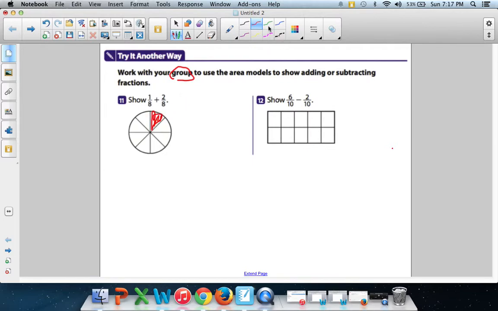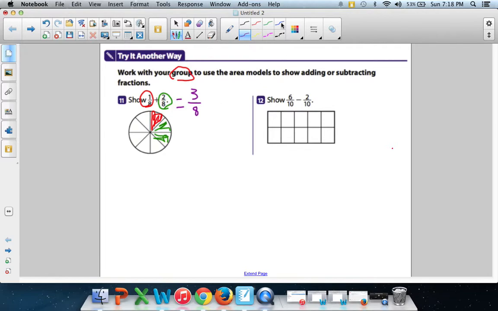If you have a second color handy, or want to do it lighter or a different pattern, go ahead and color in the 2/8. As you can see, we did the 2/8 in green and the 1/8 in red. And what's our total? Our total is all of it together, and that's going to be 3/8.